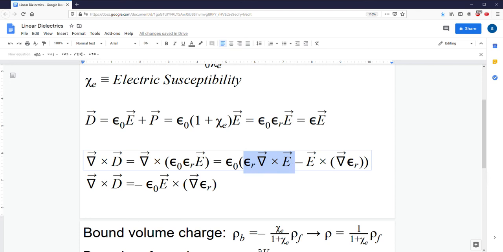And if we are dealing with a material whose relative permittivity is not changing, which is a very common case, then this term will go away. Which means that as long as we are in a material with a constant dielectric constant, then the curl of D does vanish. And D can be described by a number of the shortcuts that we learned for E.